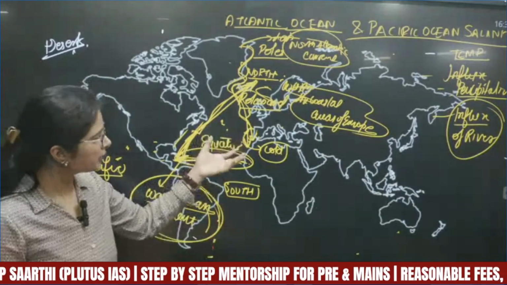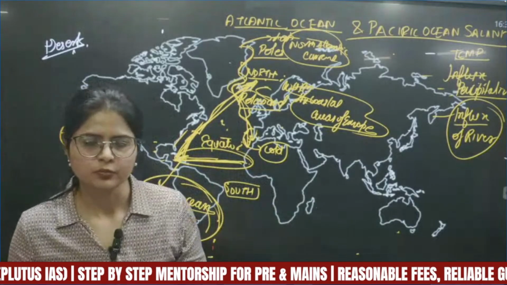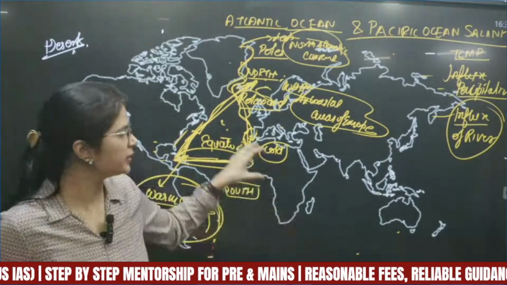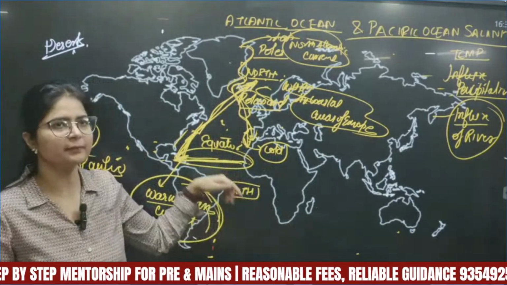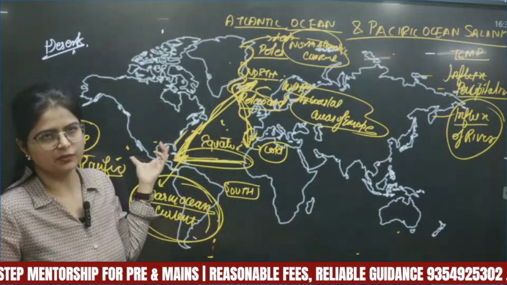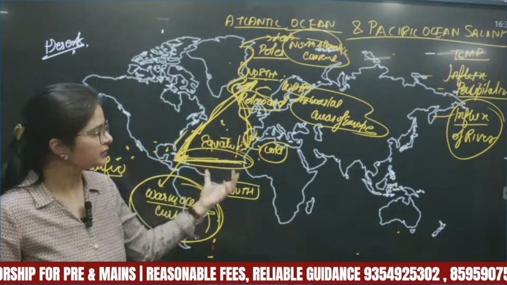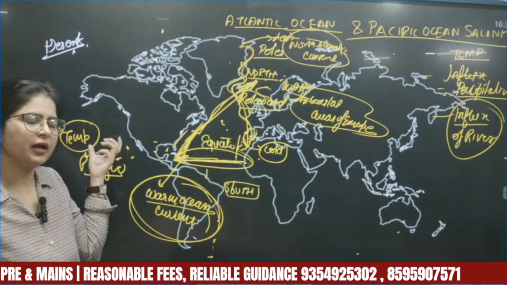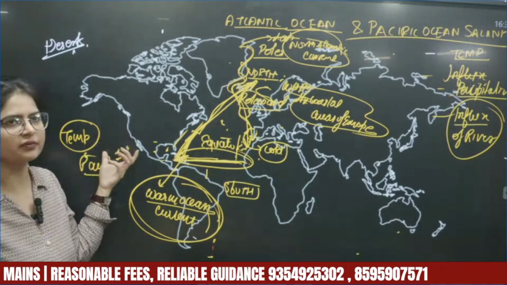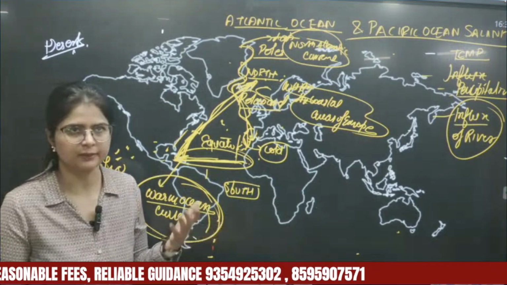Okay, so in the Atlantic Ocean, I'm talking about rivers which are not so prominent over here. They're not draining much, although there are rivers which are draining, but as compared to the Pacific Ocean, I'm not having a substantial amount of rivers draining in this area, whereas in the Pacific I am having a huge volume of rivers draining into it.